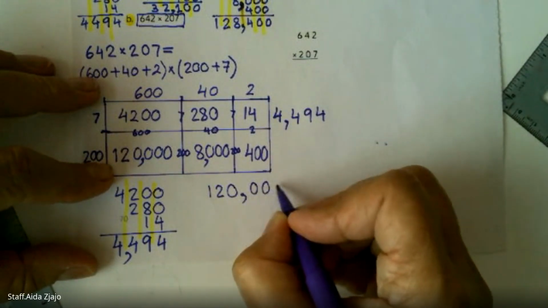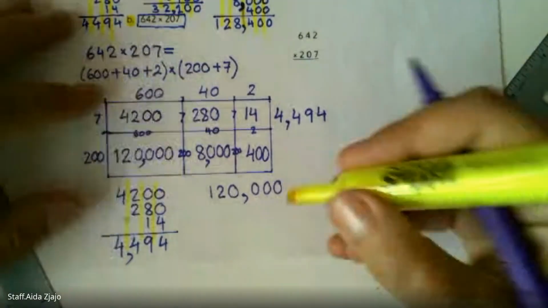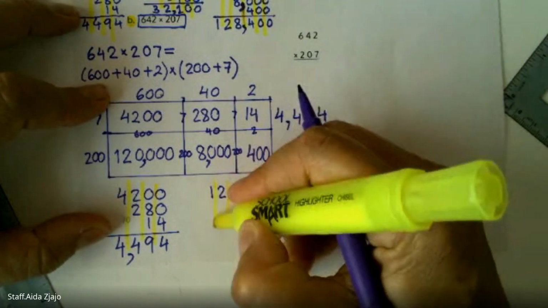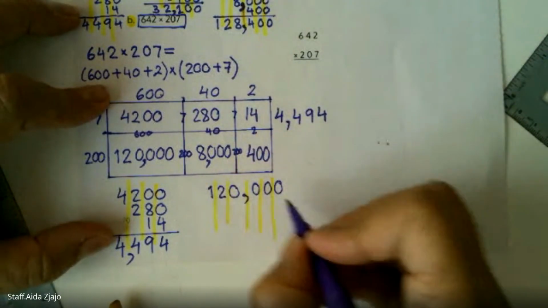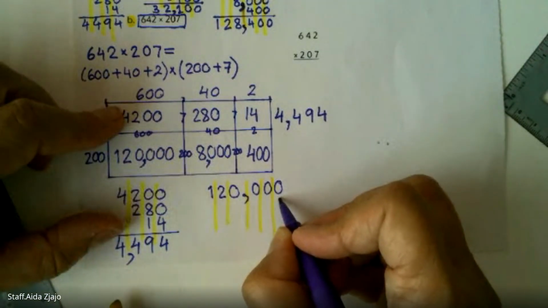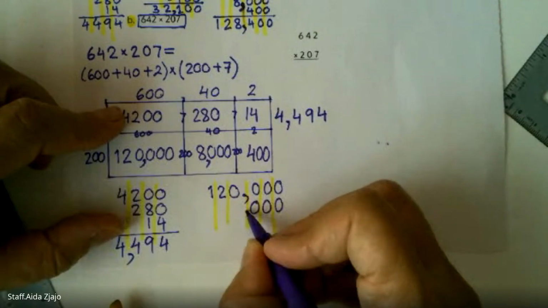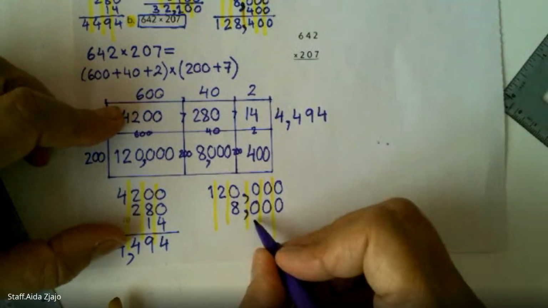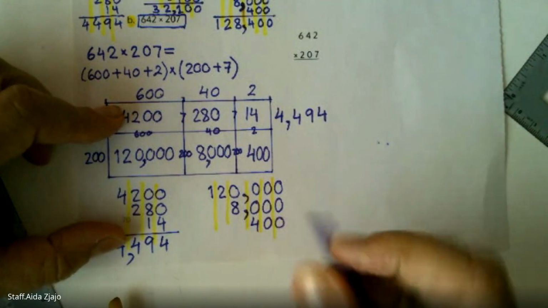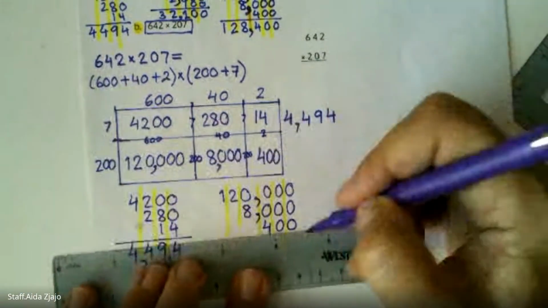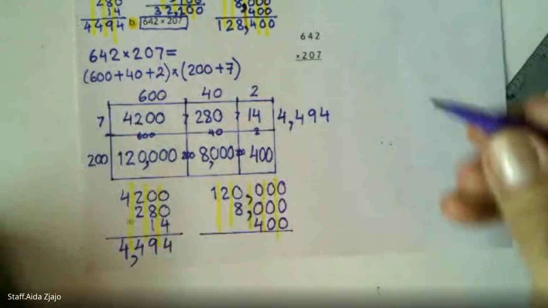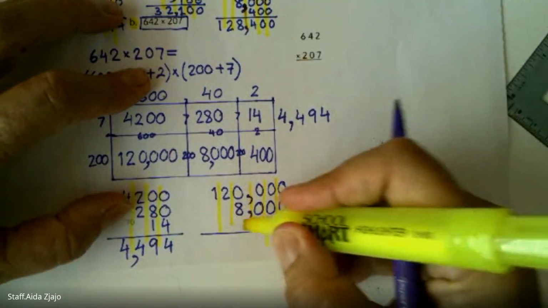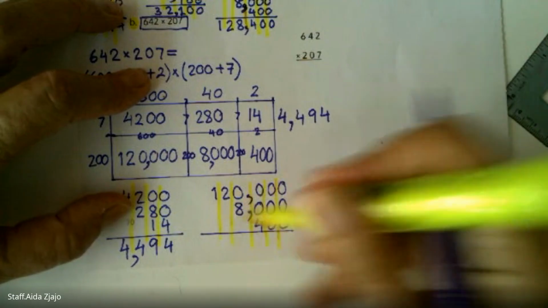Now this is 120,000. And then I like to put lines right after the greatest number that I make. So now I just need 8,000. So here is a 1, 0, 2, 3, comma, and 8. So 8,000. And then 400. If you do put a comma, that's okay, as long as you don't confuse yourself with the comma being a 1 or something.